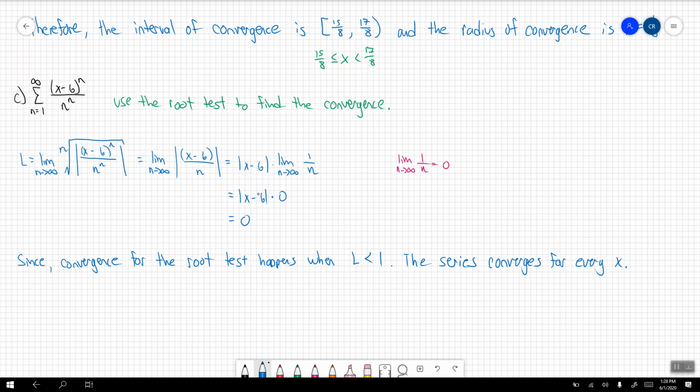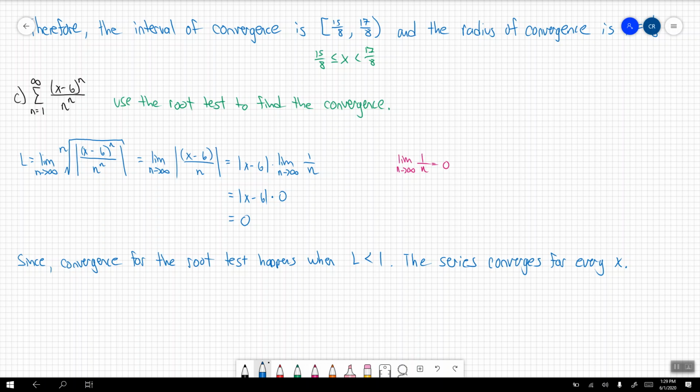Now, why is that? Because our choice of x will always produce a 0, since the limit of 1 over n will always be 0. So it doesn't matter what x value we choose. We can choose x to be negative 100, negative 1000, or an x value of 0, 6, 5, 3, 10, 100, 1 million, whatever it may be.